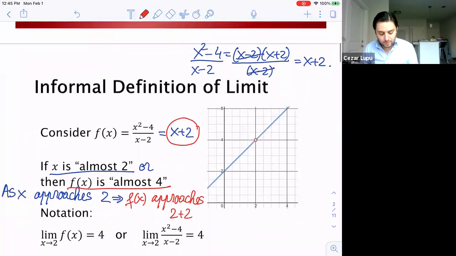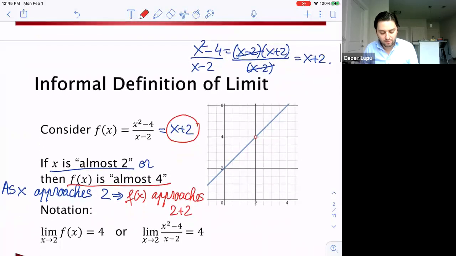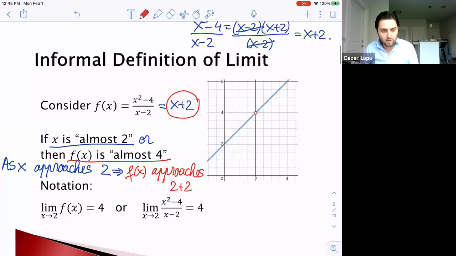All right. So in other words, instead of explaining all this in words, we can write it in the following way. So we will use the following notation, as you see here.